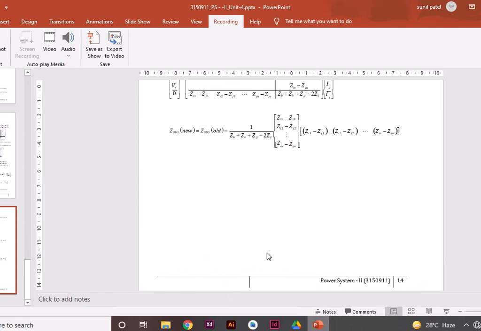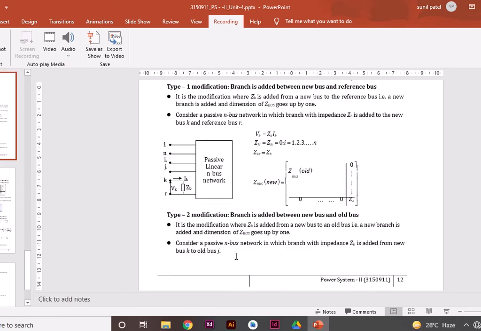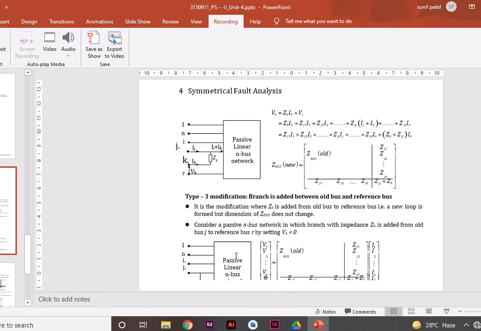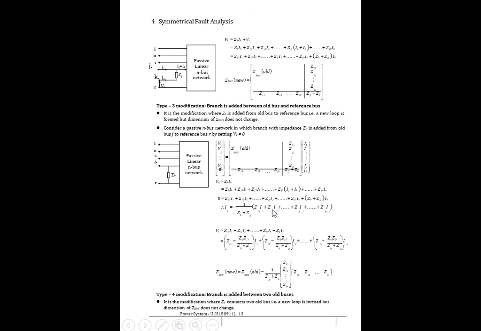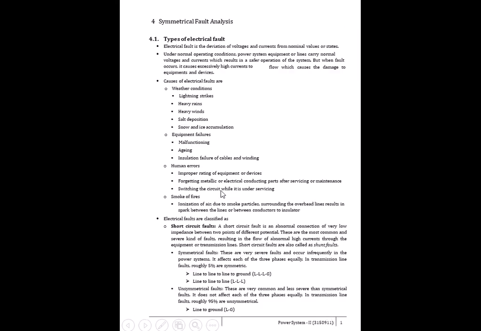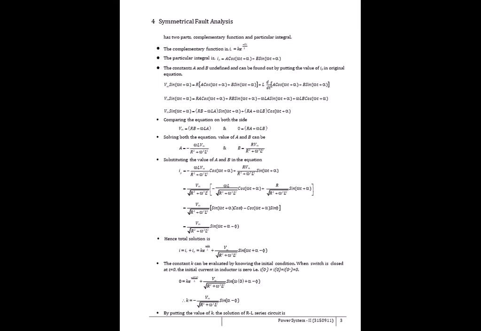So this is it for your chapter number 4, symmetrical fault analysis. In this chapter, what did we see? First we saw some types of faults, then we discussed the transient on transmission line.